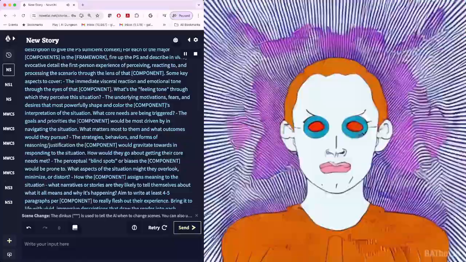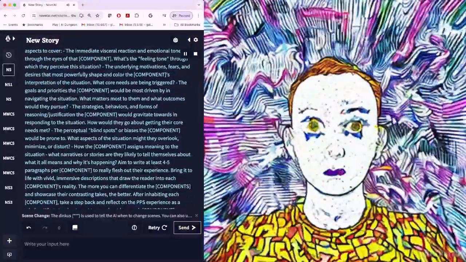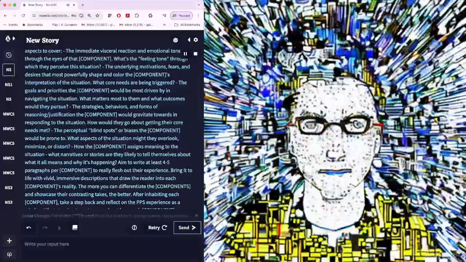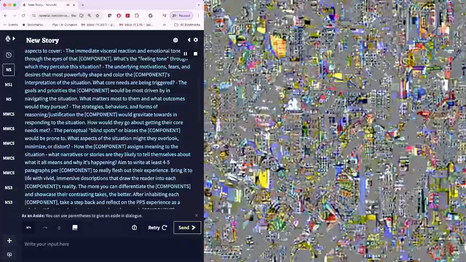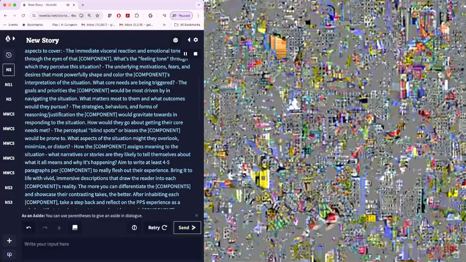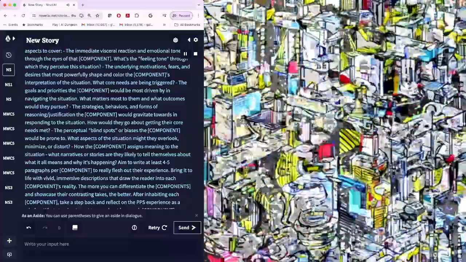How the component assigns meaning to the situation: what narratives or stories are they likely to tell themselves about what it all means and why it's happening? Aim to write at least 4-5 paragraphs per component to really flesh out their experience. Bring it to life with vivid, immersive descriptions that draw the reader into each component's reality. The more you can differentiate the components and showcase their contrasting takes, the better.